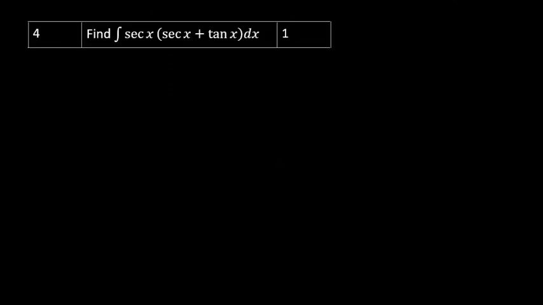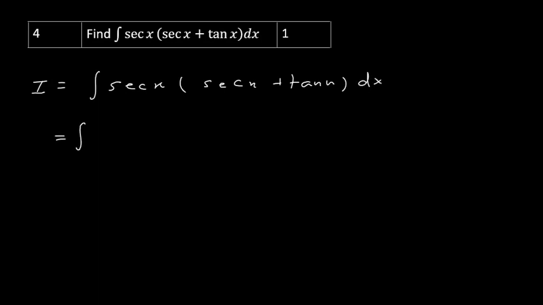Fourth question is integration. I is equal to integration of sec x, in bracket we have sec x plus tan x. What we do? We will open this bracket first. So this will become integration of sec square x plus sec x tan x into dx.